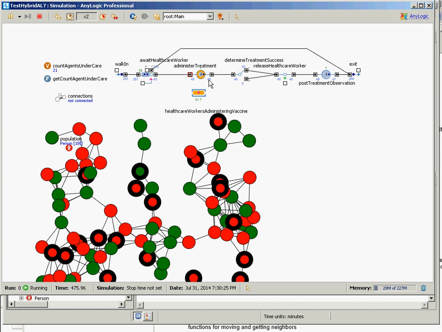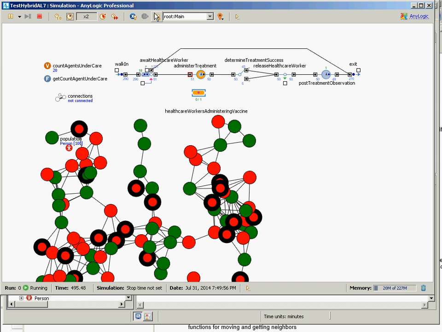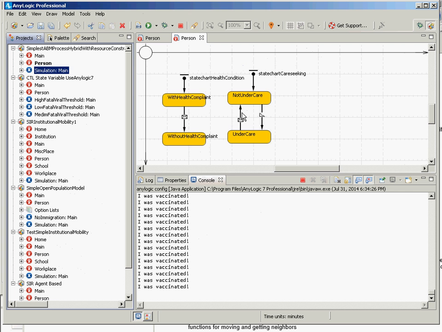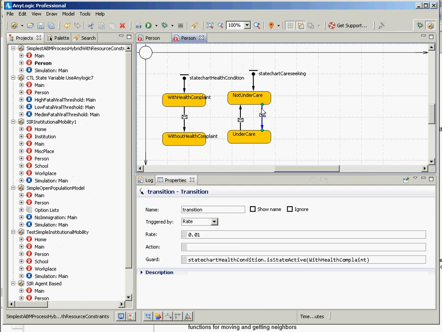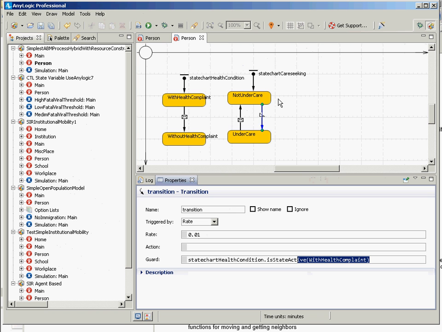I should have emphasized this earlier: if someone remains ill, they will generally present for care again. If they still have a health complaint but are no longer under care, they will come back to seek care again. So a system of this sort can help us reason about the implications of process innovations.